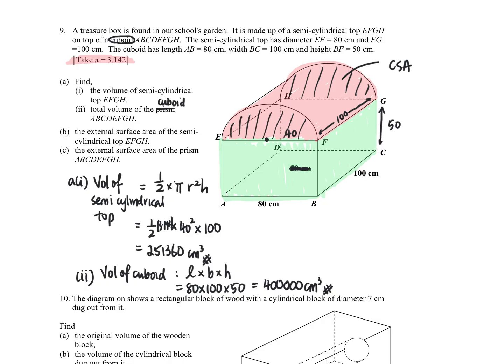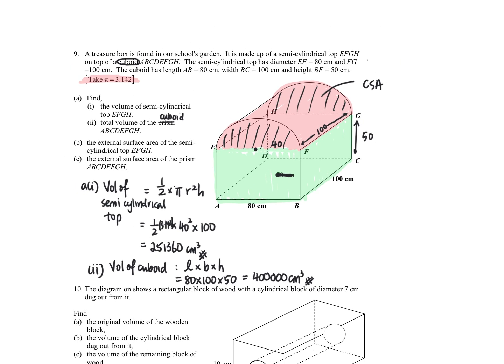Okay, so how do I find the external surface area of the cylindrical top? It is that rectangle that you see on top, which is the curved surface area, plus the two semicircles. There's two semicircles, one in front and one at the back.